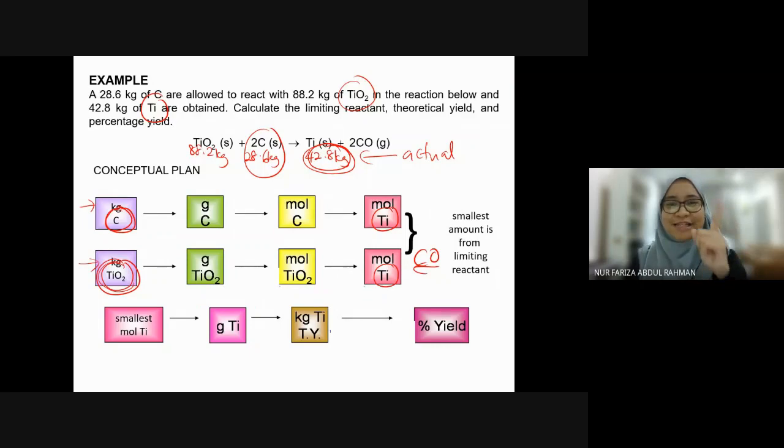Okay, bila ada satu je limiting reactant, katalah sugar tu limiting reactant, maksudnya dia habis dulu, it totally being consumed, that means the rest of the ingredient are all excess reactant. Okay, they are all excess reactant.